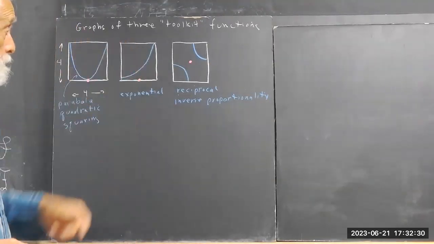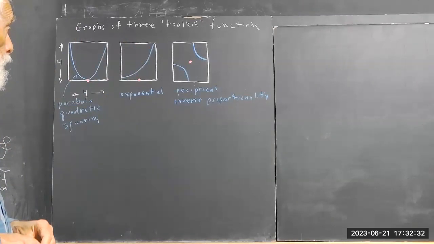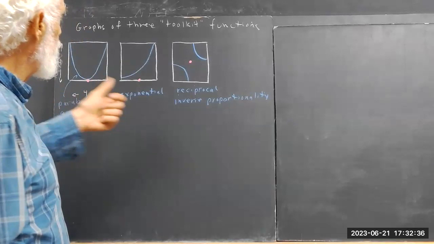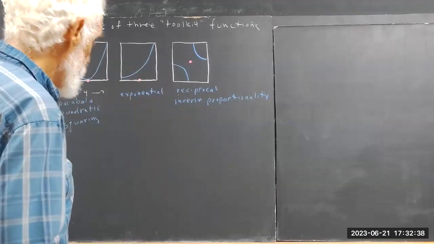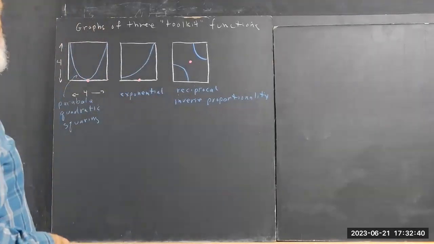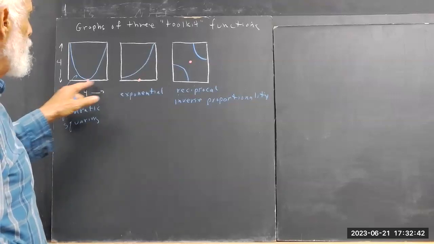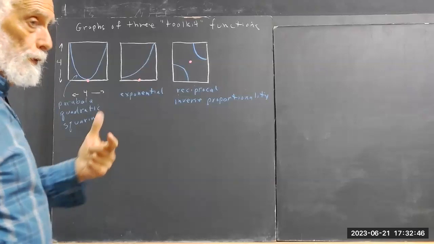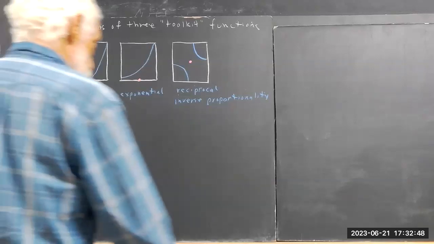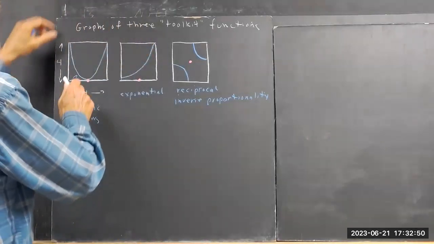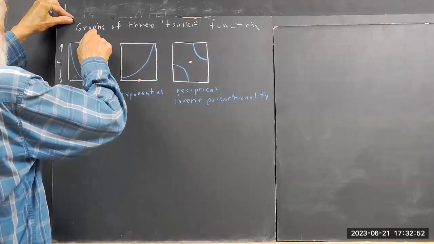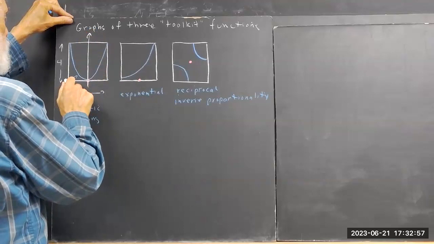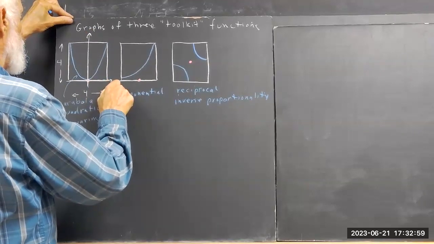Okay, so there are the functions. Now, when we put these functions in their standard position, this red dot on each will be the origin of the coordinate system. So my y-axis would have to go through the red dot, and then my x-axis.